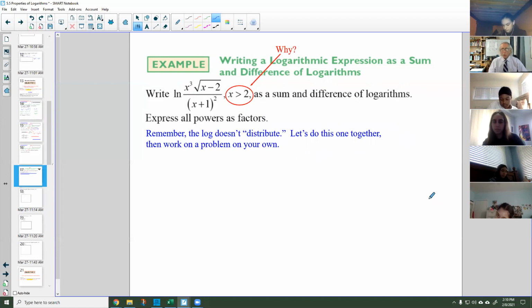Maria, which property do you think I should use to start to expand this guy right here? The quotient property. I think I should use the quotient property to start, right? So that's going to be what? Ln what?